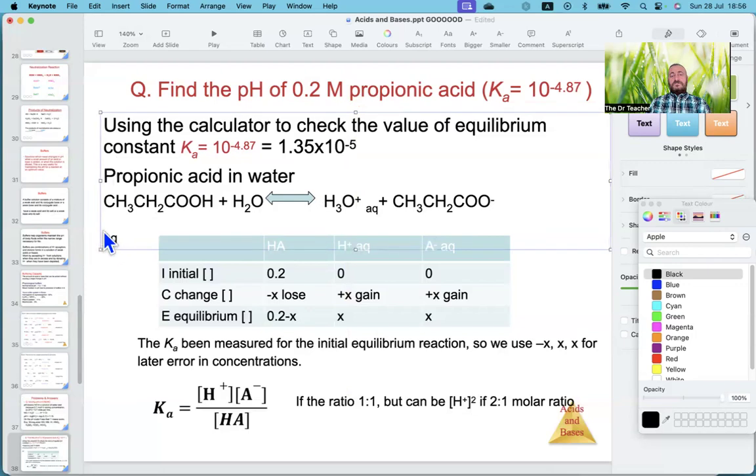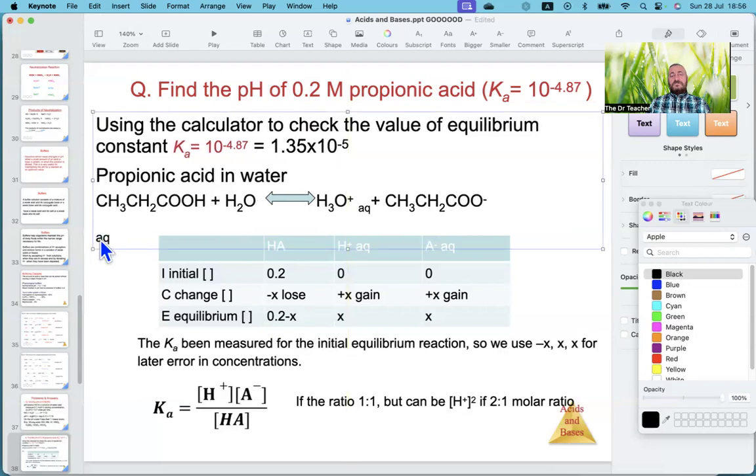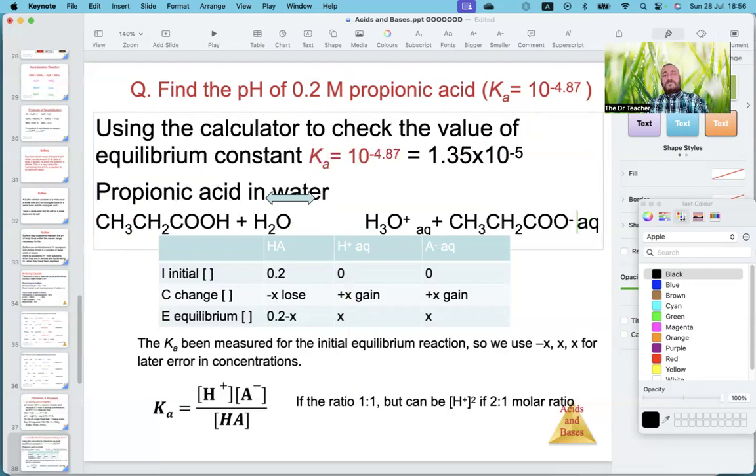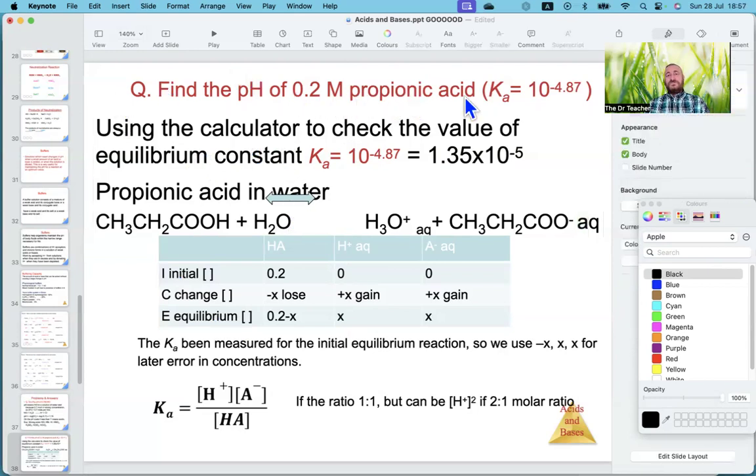Now these are aqueous, and we can apply the ICE criteria, which is I is the initial concentration, C is the change in concentration, and E is the equilibrium concentration. So we deal with the initial, since it says pH of propionic acid.